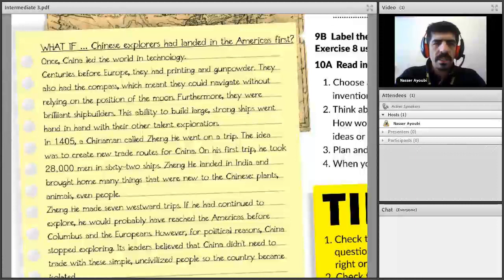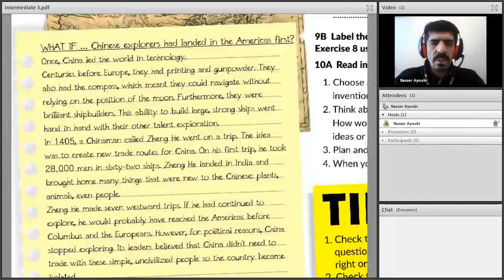Once China led the world in technology. Centuries before Europe, they had printing and gunpowder. They also had the compass, which meant they could navigate without relying on the position of the moon. Rely means trust, without trusting the position of the moon. A compass is a device that shows you the directions, the north, south, east, west, the other sub-directions.